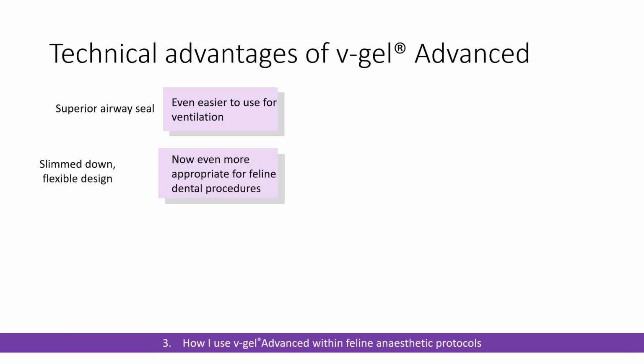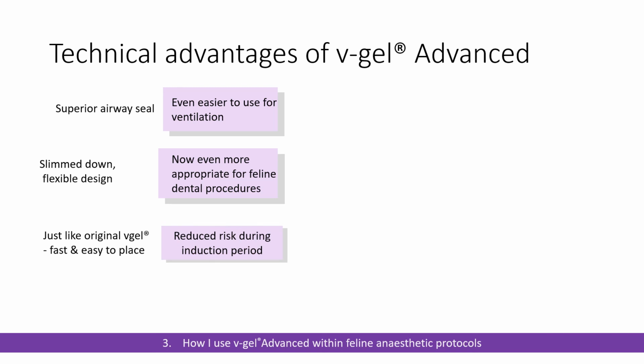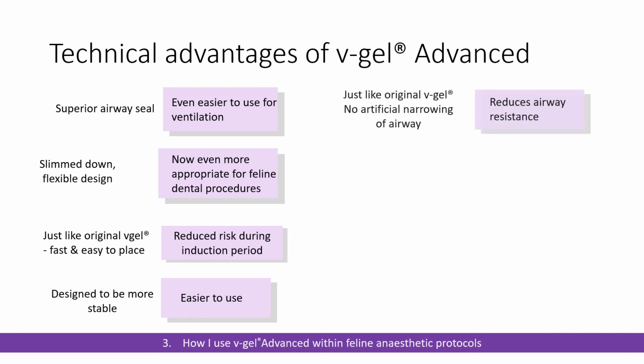We've got this slimmed down flexible design, so it's making it much easier to use these V-Gel advanced devices for dental procedures. Still fast and easy to place like the original V-Gels. It's though more stable, so it's easier to use. It displaces less easily. You have to make less effort and spend less time thinking about stabilizing them.